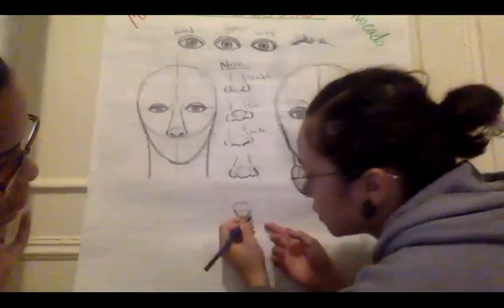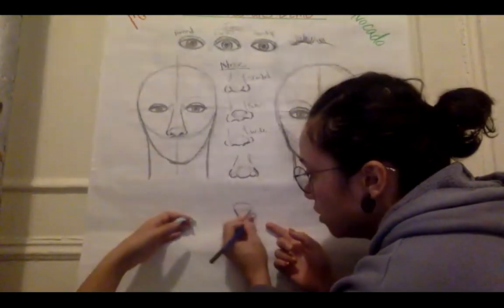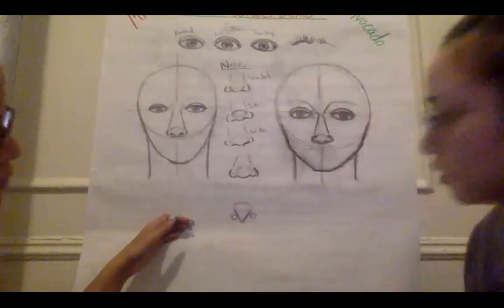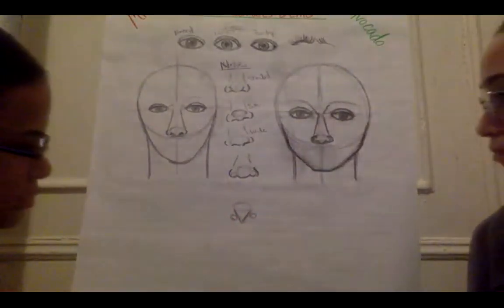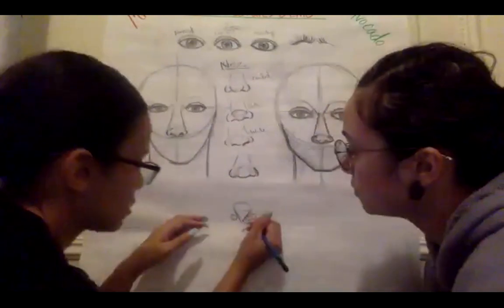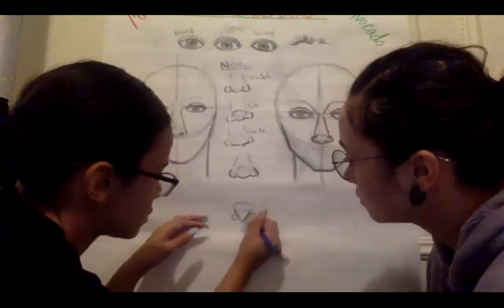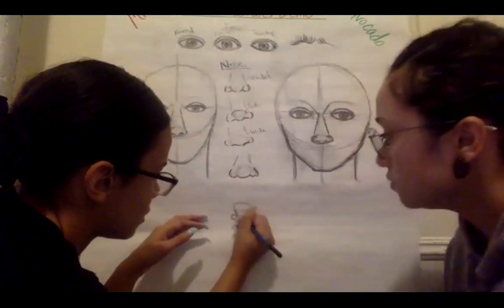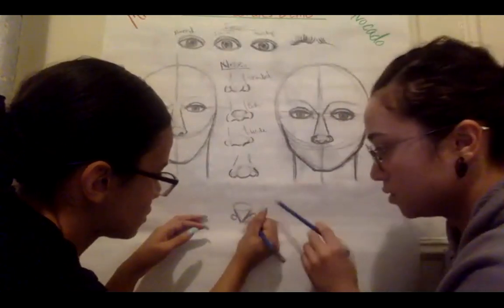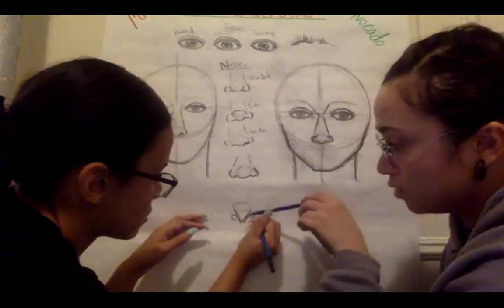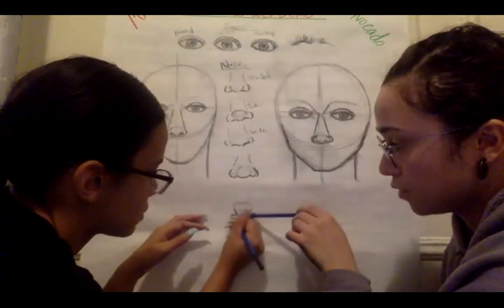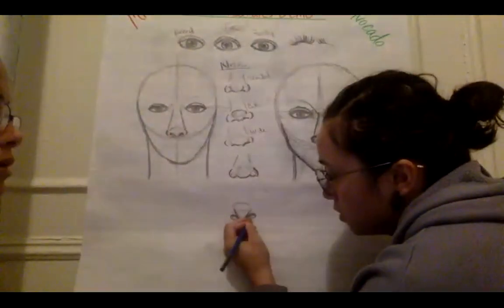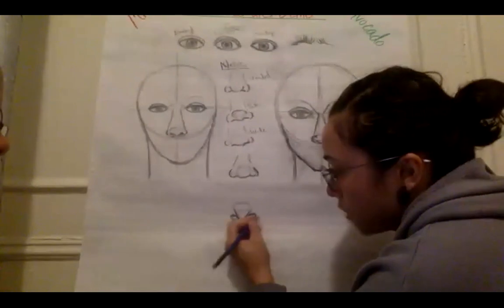And you can draw a little circle depending on how much they show. And then you can start to shape where it goes. The triangle curves to trace the top of your nostril, and then your parenthesis would trace the bottom.